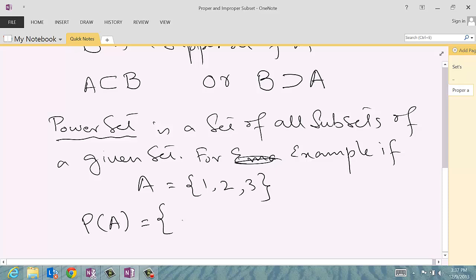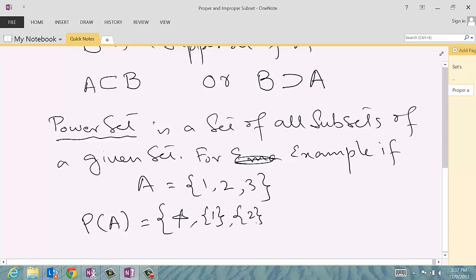So first of all, let's start with the null set. Null set is a subset of every set, doesn't matter whatever. So this is always going to be a member of the power set. And then singleton sets. Singleton sets are the sets containing only one element.